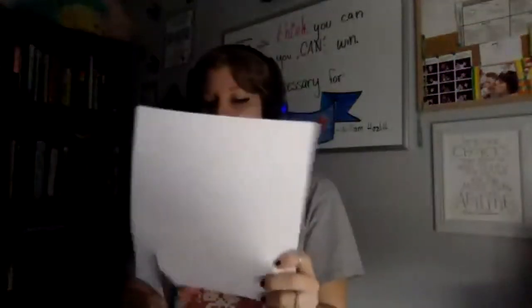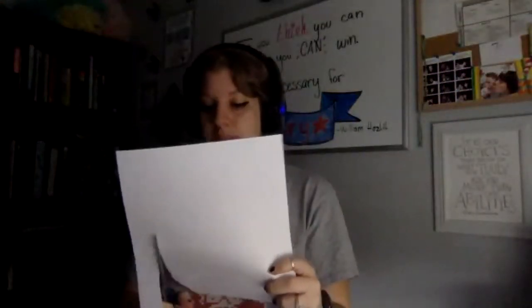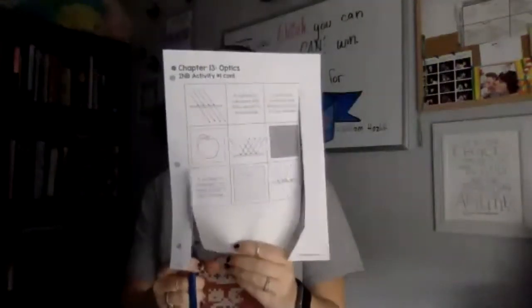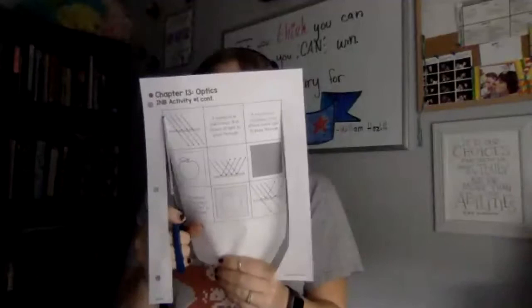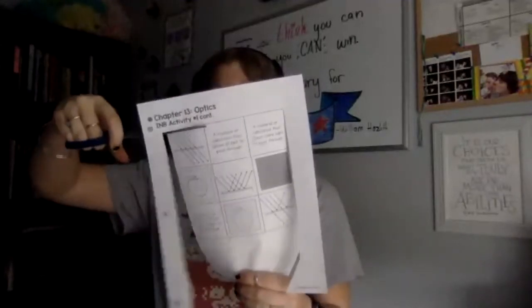Okay? So we're going to go ahead and we're going to cut these out. I'm late. What do we cut out? We're going to go ahead and cut out these cards. I'm going to cut out each individual card.